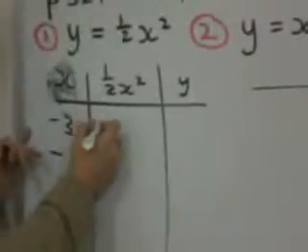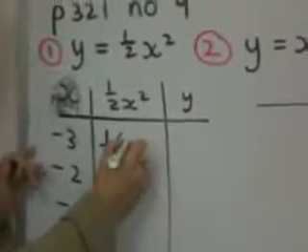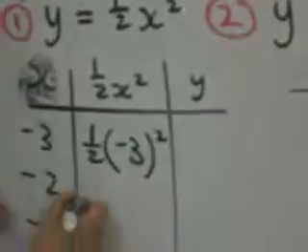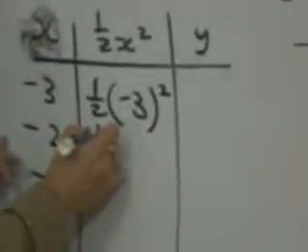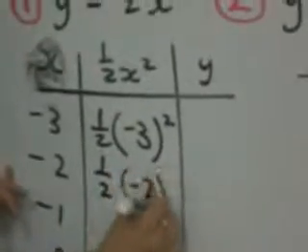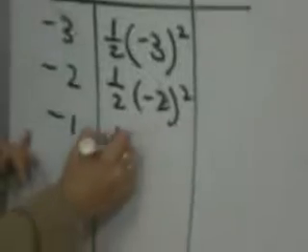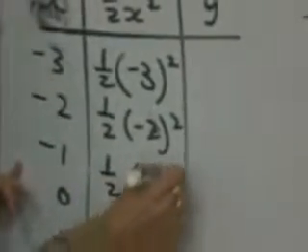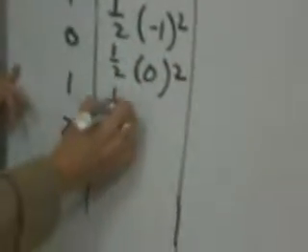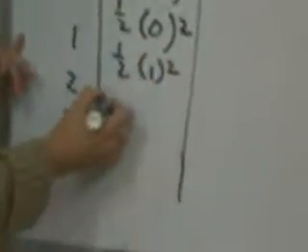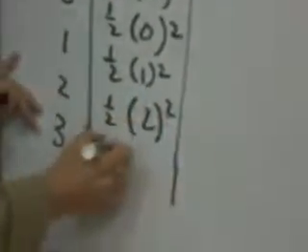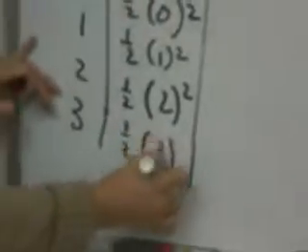We're going to say a half times minus 3 squared, and minus 2 squared, then a half times minus 1 squared, a half times 0 squared, a half times 1 squared, a half times 2 squared, and a half times 3 squared.